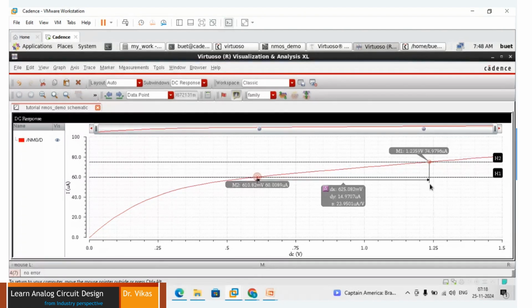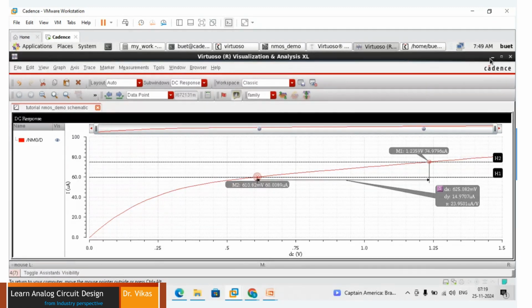So this is at 74, this is at 60. So almost the difference, if you can see over here, dy is 14 microampere of current, a small incremental current. That's what I'm telling: for a practical scenario, there will always be a small current, but still I can consider it as almost constant current. So this is basically how your ID versus VDS graph would look.